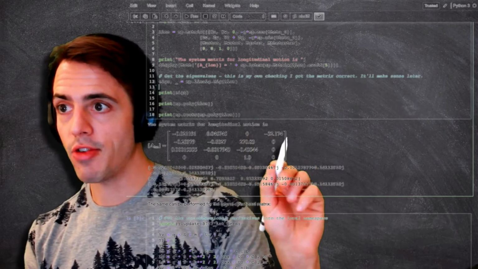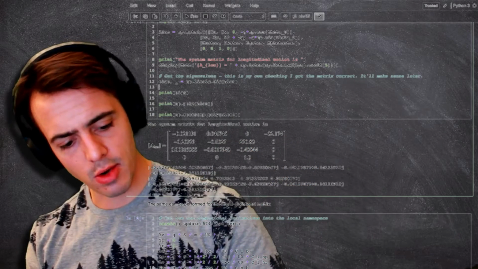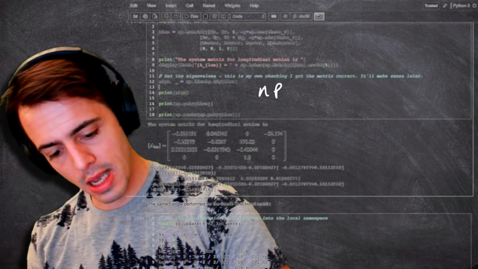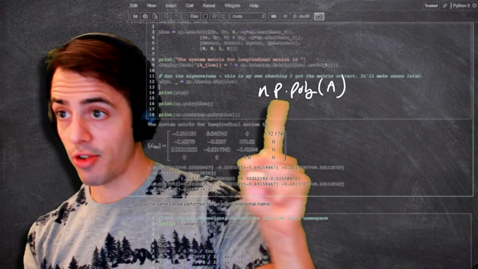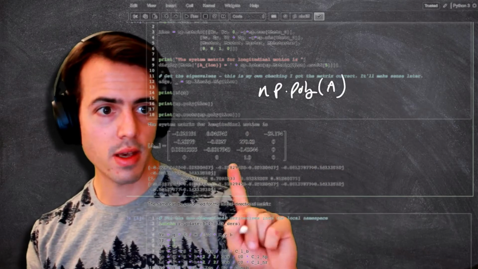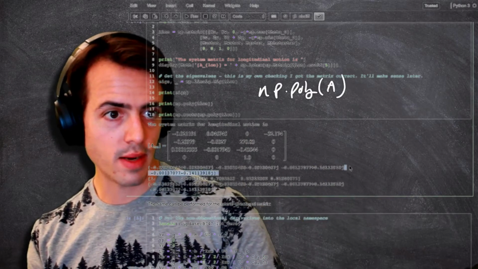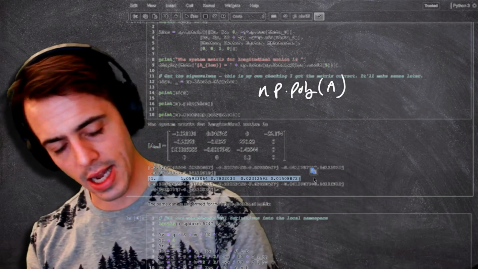I've got my A matrix here. The characteristic equation is simply found by doing np.poly of your A matrix, and this gives me the characteristic polynomial.